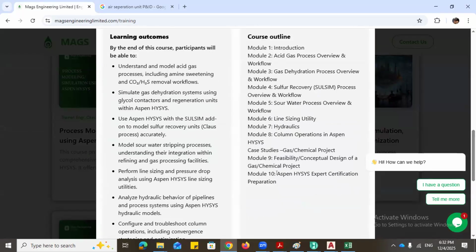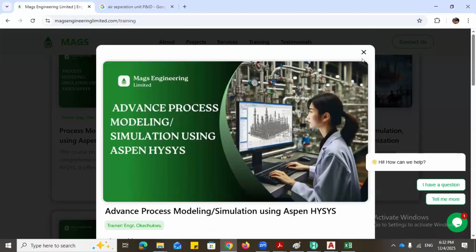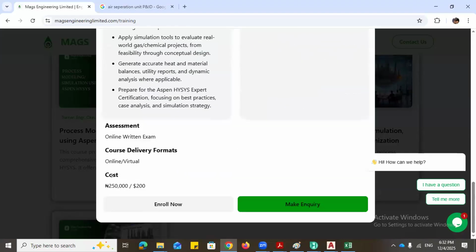They will also guide you on how you can get your Aspen expert certification. 250,000 naira, extremely cheap. Why I'm saying extremely cheap is because when you get a job, I have trained so many people in Nigeria that got jobs. Graduate process engineers I have trained are earning at least 550,000 naira.